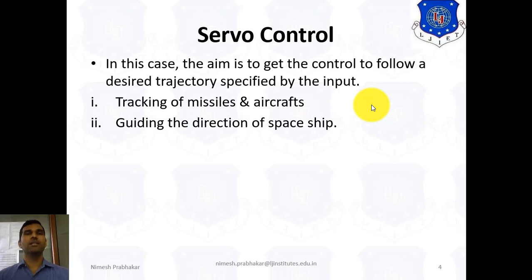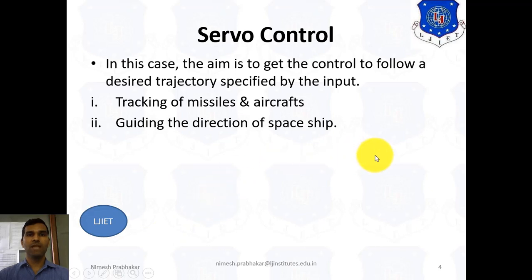To understand this control system, let's take a local example. Here is our LJIT college, and we want to launch a missile. The launching point of this missile is LJIT, and the destination point is Sivranjani crossroad. But the missile must follow the path given by the input.